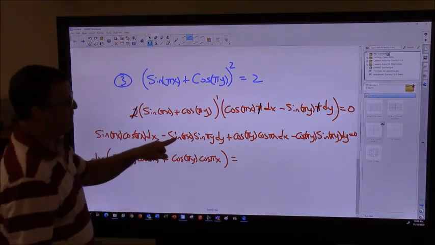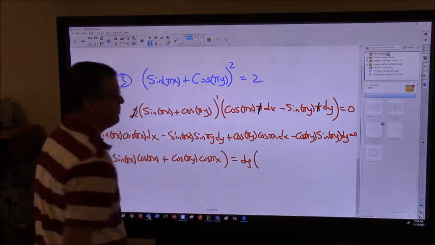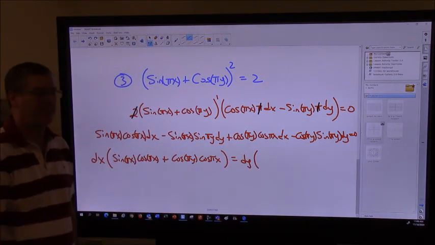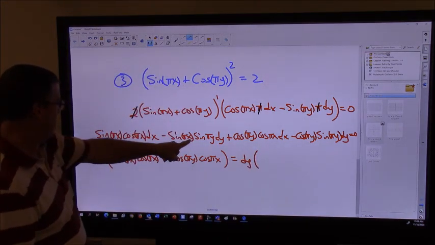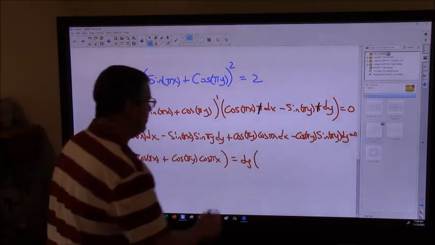And these two negative terms, they're going to move to the other side, and I'll factor out the dy at the same time, because I don't want to write this again. This will become positive, so I'll have sine of pi x sine pi y.